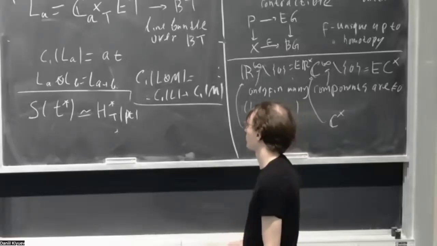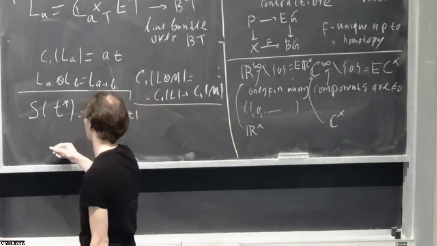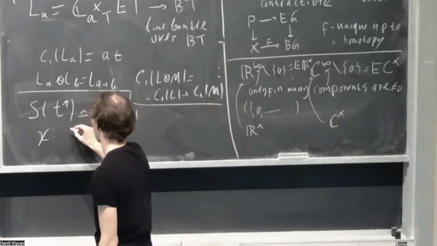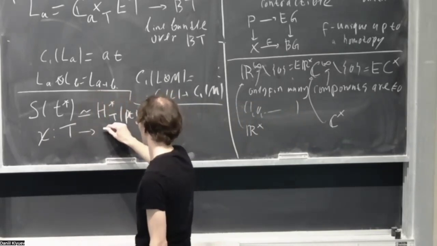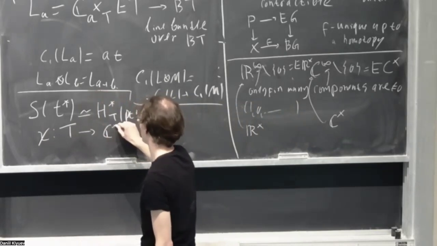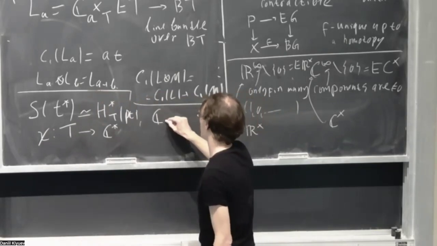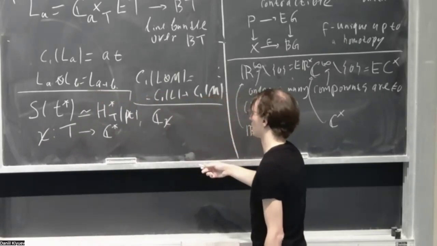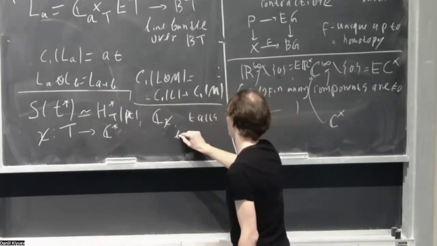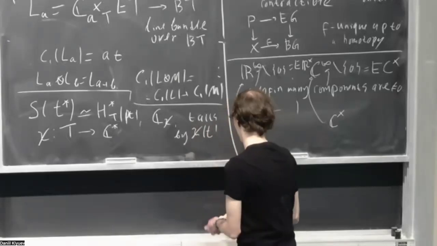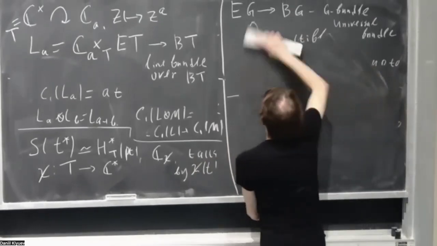Using a similar construction. So if you have an integral character chi from T to C star, and you have a representation C_chi where T acts by chi of t.